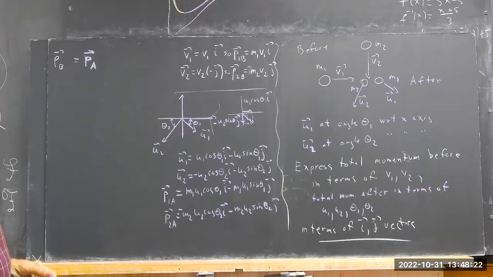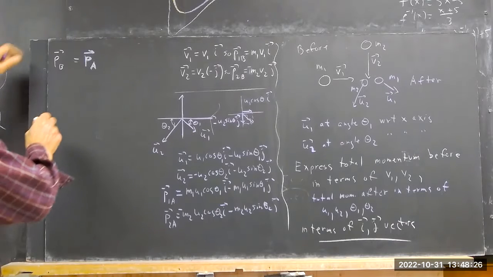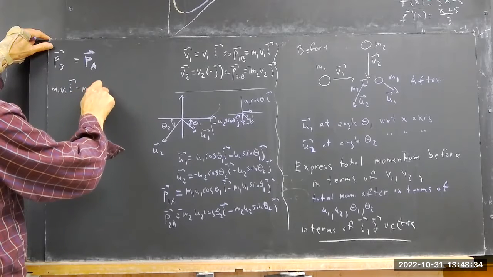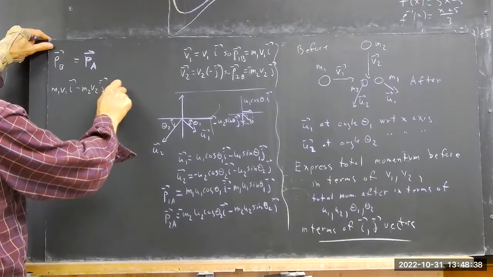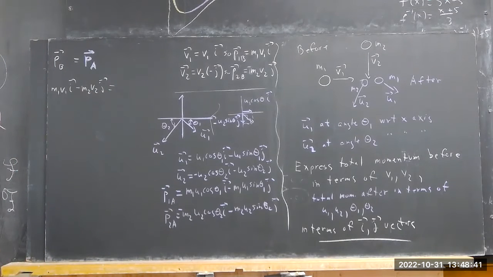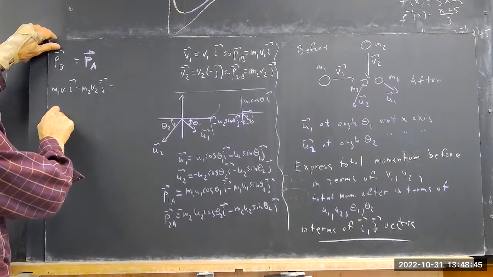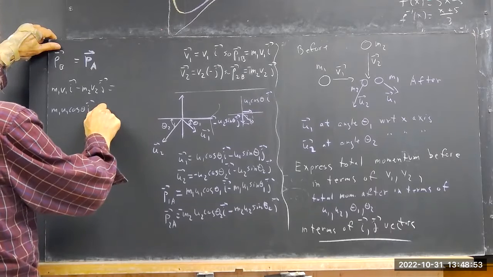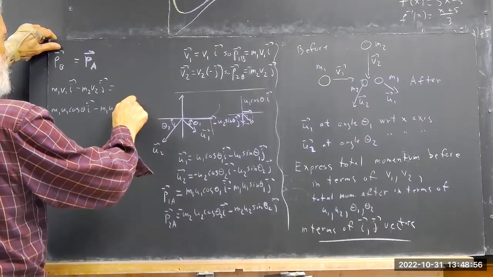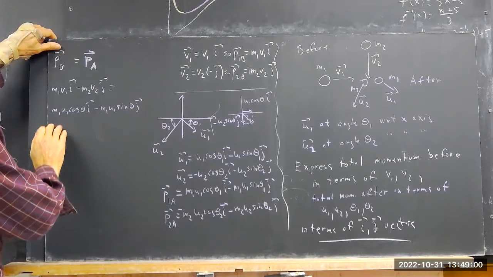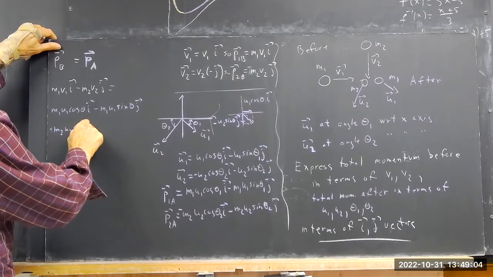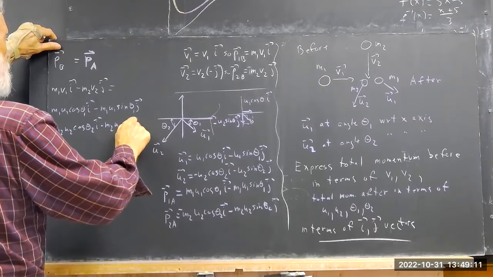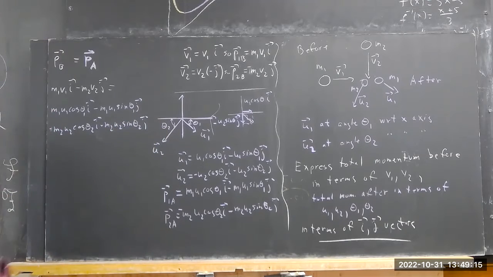Well, it's pretty easy to write out the equation. That means you've got M1 V1 I minus M2 V2 J equals this.